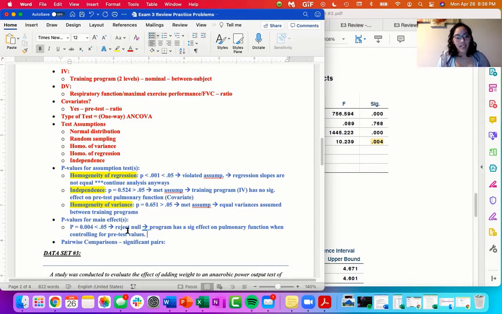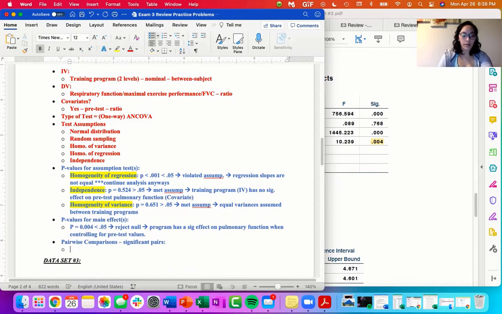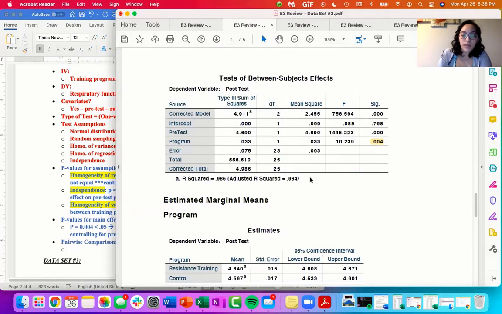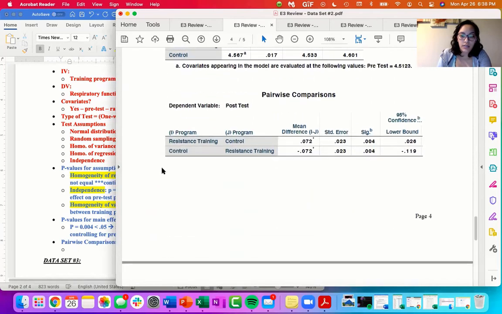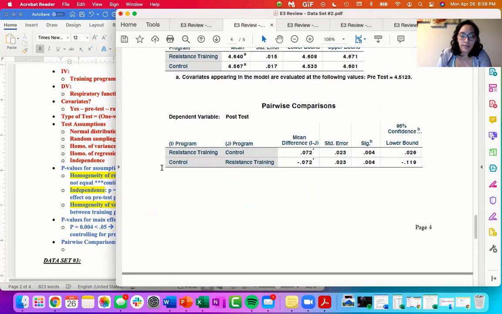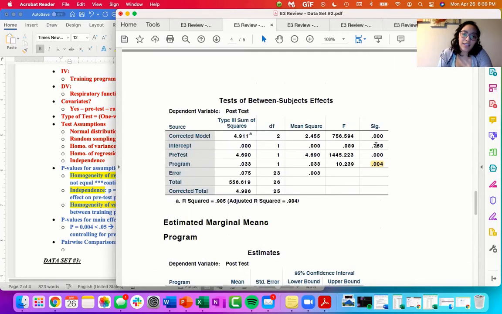Okay. And if we're rejecting the null of the main effect, that means we need to look at pairwise comparisons. So that'll be in our estimated marginal mean section. And since we only have two groups, you could say we can look at pairwise comparisons, but because there's only two groups, that is the result of the ANCOVA, right?